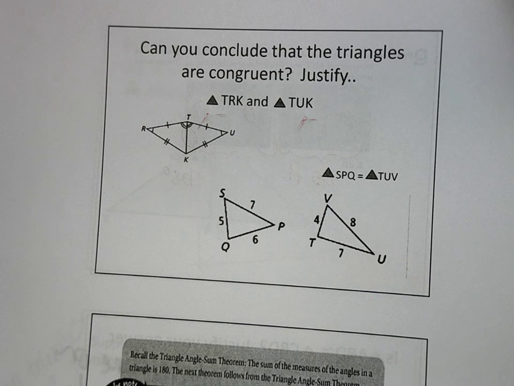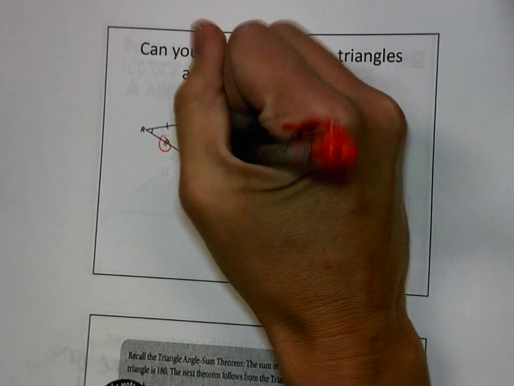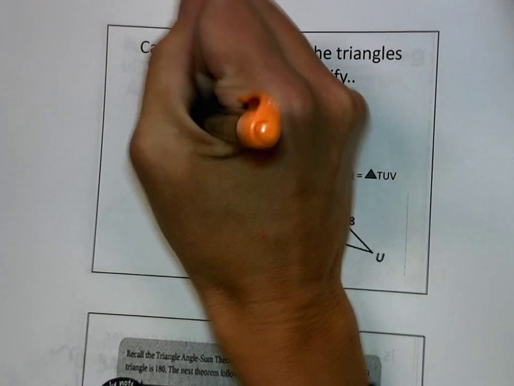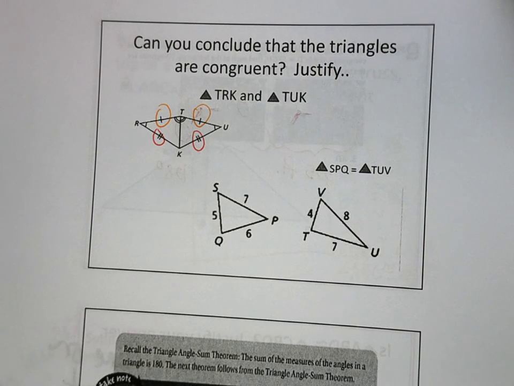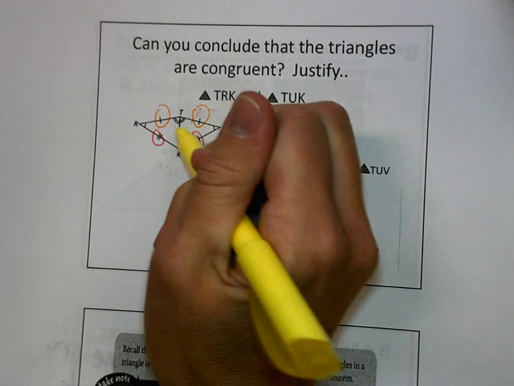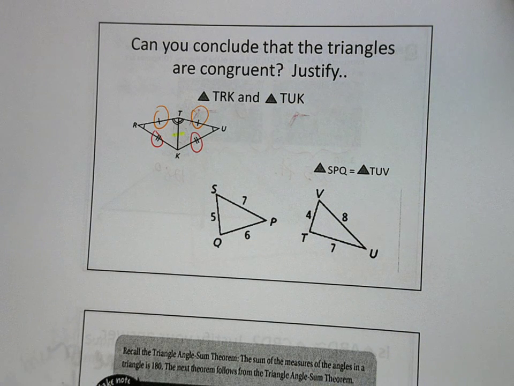Yes, we can actually see that they have three sides congruent, right? Because we know that these two sides are congruent. We know that these two sides are congruent. And we also know that these two angles are congruent and they're sharing that line. So by reflexive property, we know those are also equal.